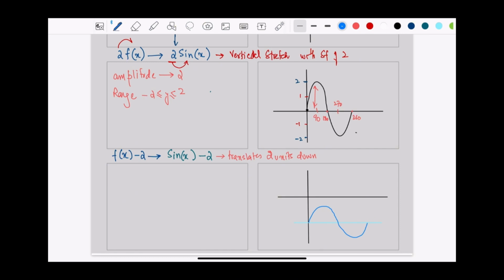Entirely went from here like this to 2 units down. So this is -2, and the height, since it is 1 unit upward, is -1, and this will be -3.